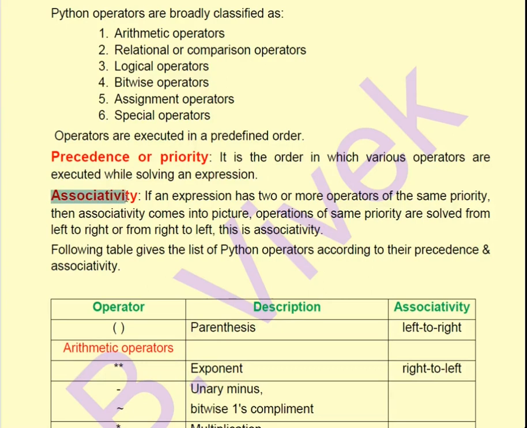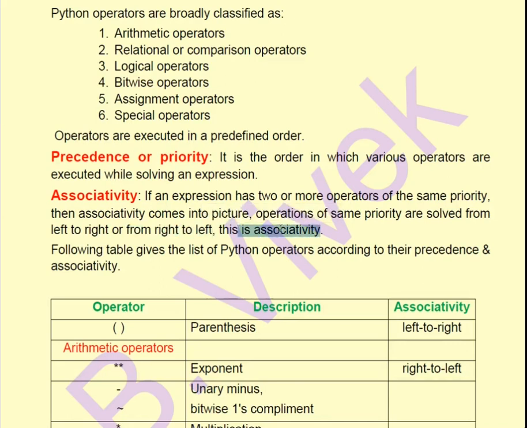Associativity. If an expression has two or more operators of the same priority, then associativity comes into picture. Operations of the same priority are solved from left to right or from right to left.